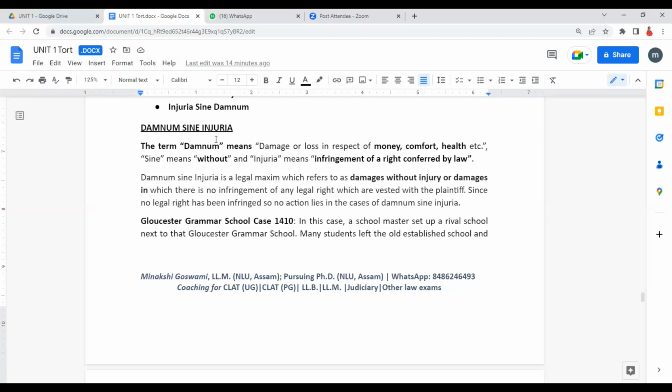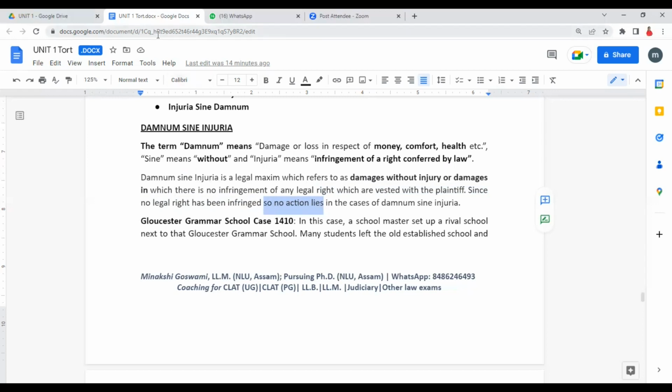And because your legal right has not been violated, in these kinds of cases no action lies. As in, you do not have a right to go to the court. Fine, you might have suffered loss or damages, but your legal right has not been violated. So what is important is violation of a legal right. Whether damage is caused or not, that is secondary.